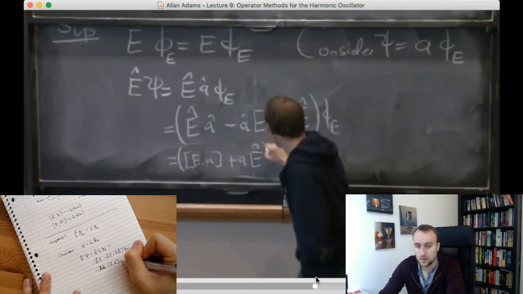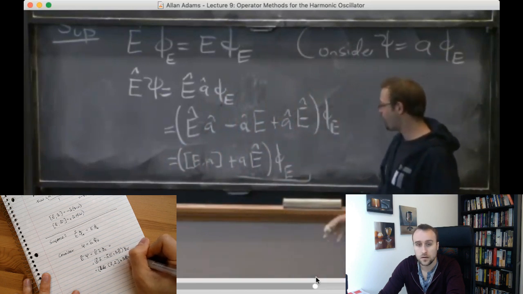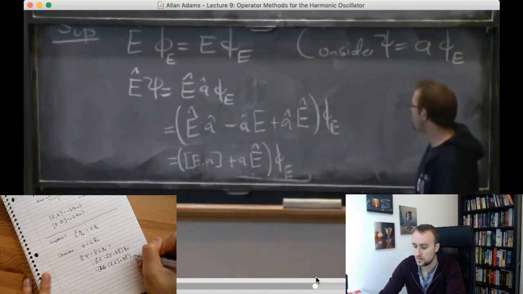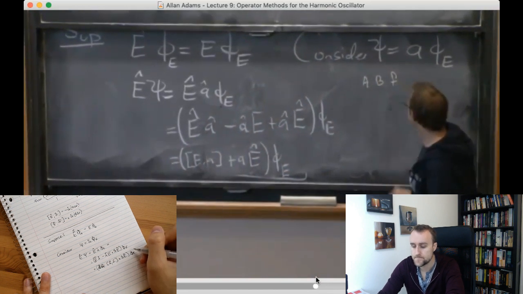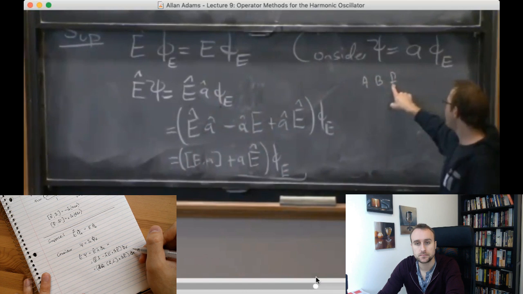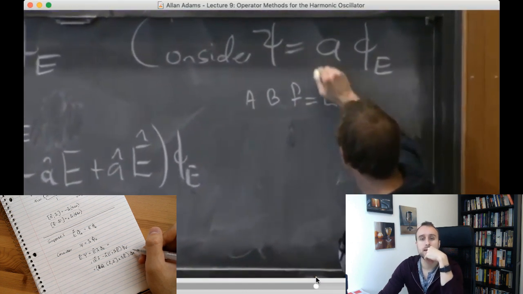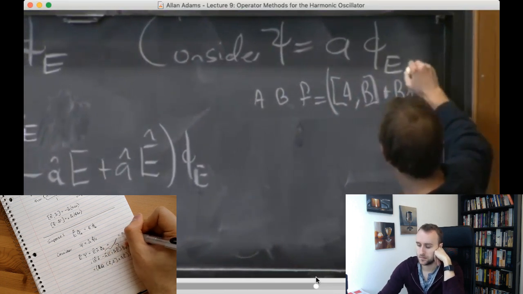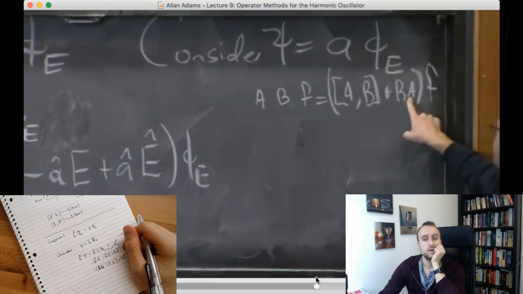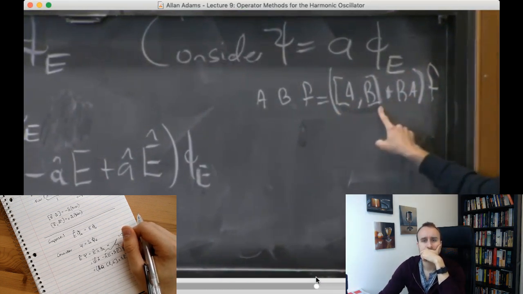So what have we done here before we actually act on phi E? What we've done is something called commuting an operator through. If we have an operator A and an operator B and a state F, and I want A to act on B on F, I can always write this as the commutator of A with B plus BA on F. This lets me act A on F directly without B, but I have to know what the commutator of these two operators is.